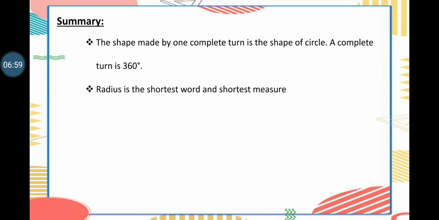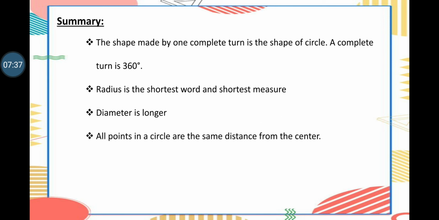We learned that the radius is the shortest measure of the circle, because the radius is half of the diameter, and the distance from the center towards the outside of the circle is called the radius. And the diameter is longer because the diameter is the complete line across the circle.